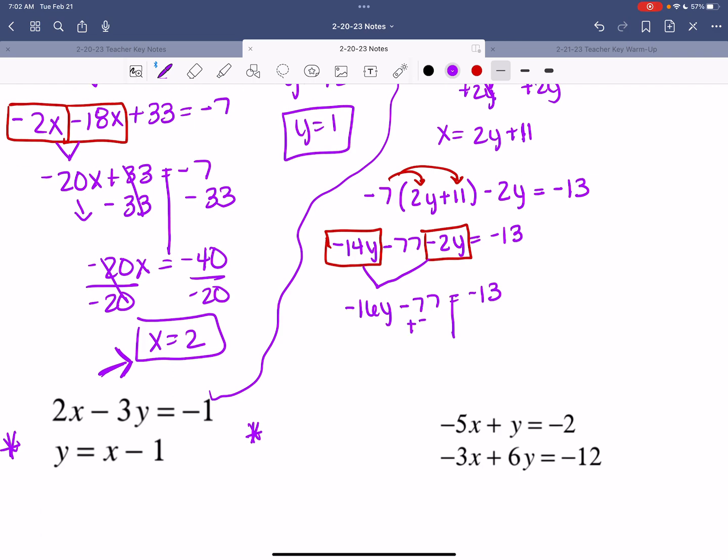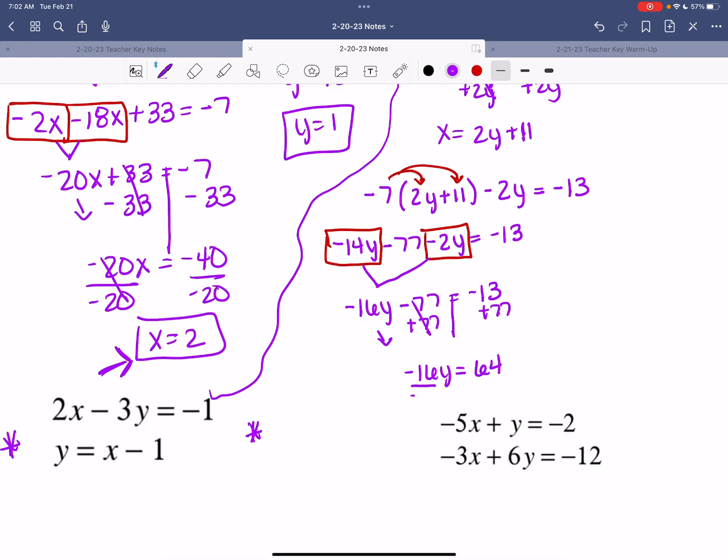Again, I'm going to add the 77 to both sides, bring down what I didn't use. Negative 16y is equal to 64. Last step is to divide, because that's the opposite of multiplication. And y is equal to 4.